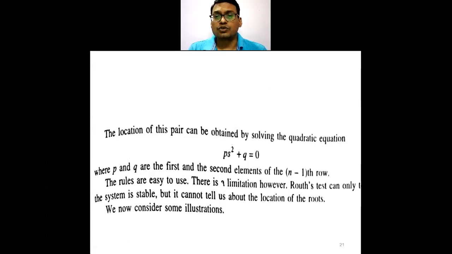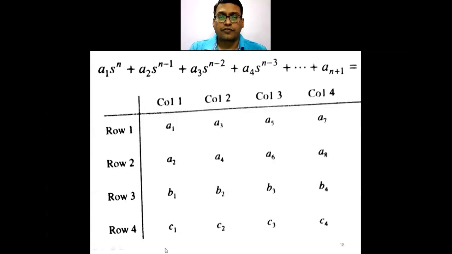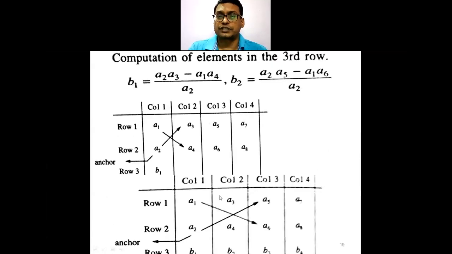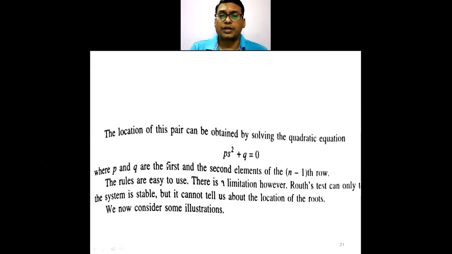Then you calculate Ps squared plus Q equal to 0. P and Q are the first and second elements of the n minus 1th row. If n is the fourth, then the coefficients of the n minus 1th row are P and Q.